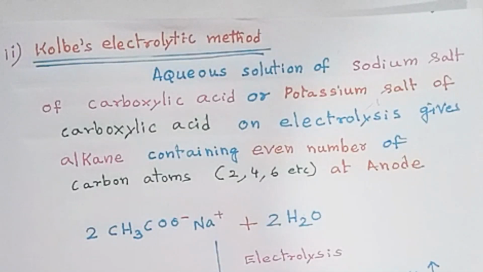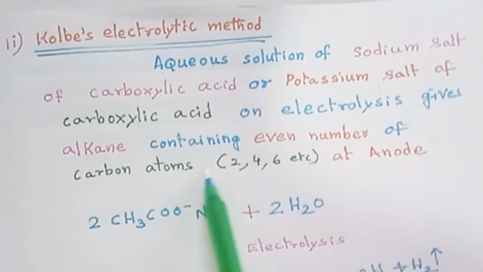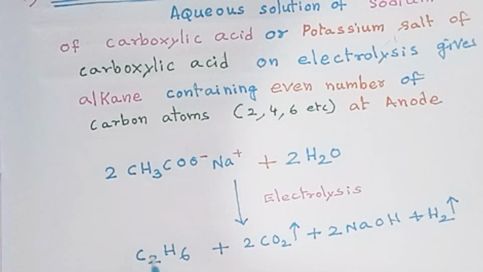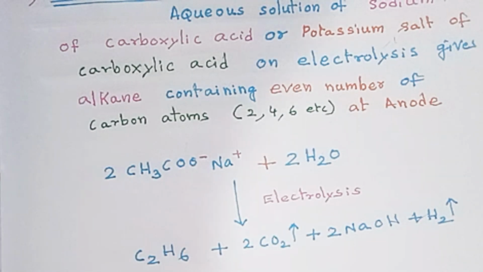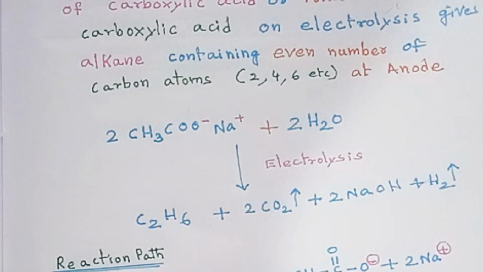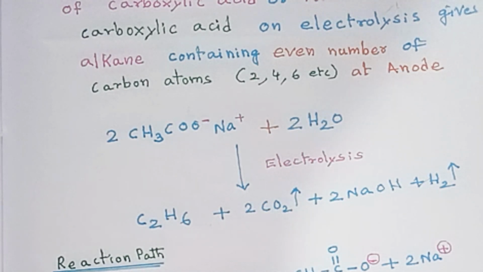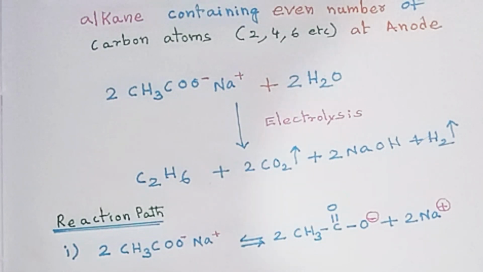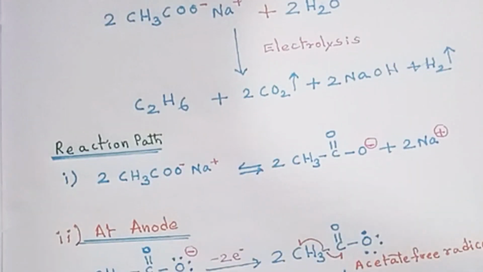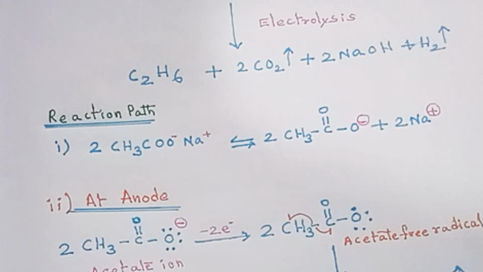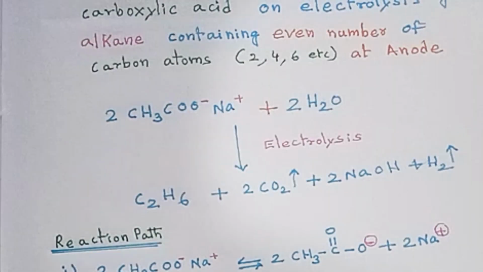In this we take sodium or potassium salt of carboxylic acid and we get an alkane with an even number of carbon atoms at the anode along with carbon dioxide, and at the cathode we get hydrogen gas. This is called Kolbe's electrolysis. This is how alkanes are prepared from carboxylic acids.